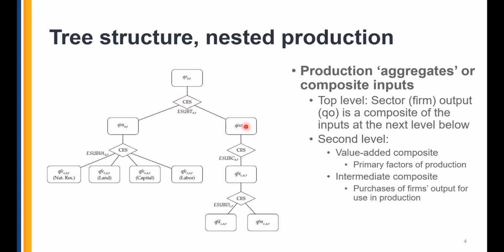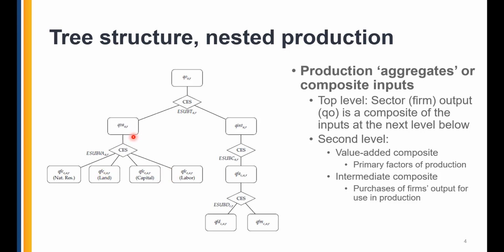On the other side of the firm, you're making something called an intermediate input, right? A composite intermediate input. So this is an aggregate made up of all the individual intermediates that can be used in production. This is a composite input made up of all the primary factors that could be used.